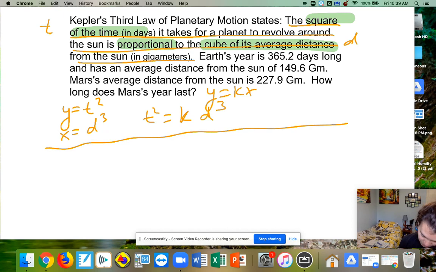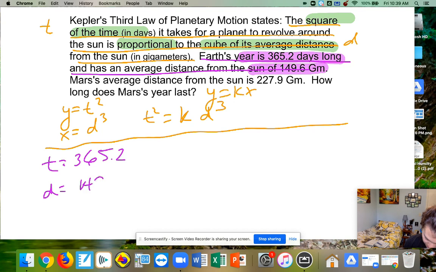Next step then is we want to look at the next sentence. So we're looking at Earth's year is 365 days. Its distance is 149.6. So pulling information from this, we have time and distance. So we can then plug that in. So t was 365.2 and d was 149.6.